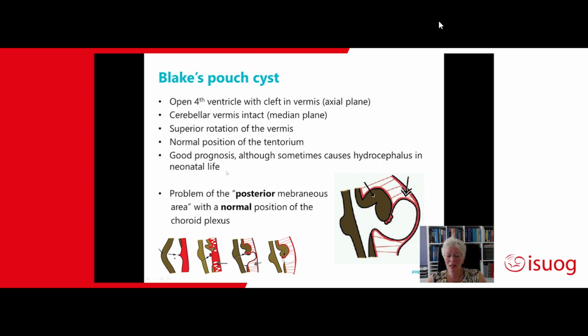And usually this has a good prognosis because we have a normal shape and size of the vermis. And like I said before, this is a problem of the posterior part of the membranous area with a normal position of your choroid plexus over here.